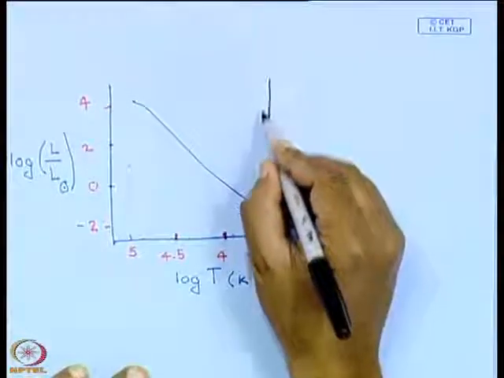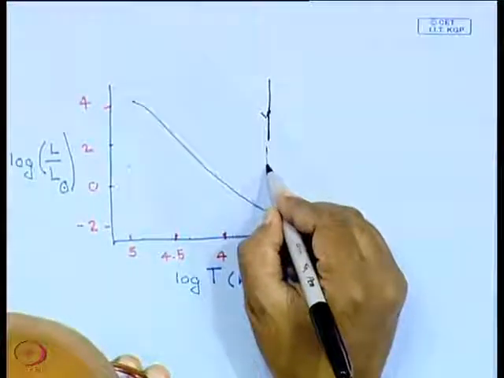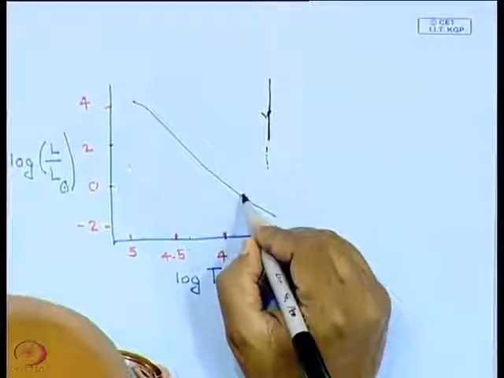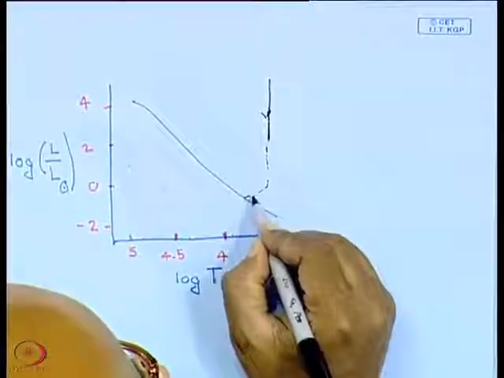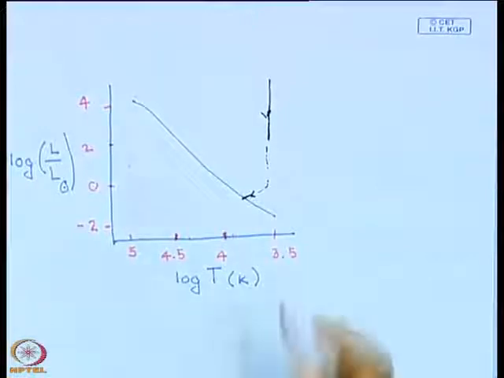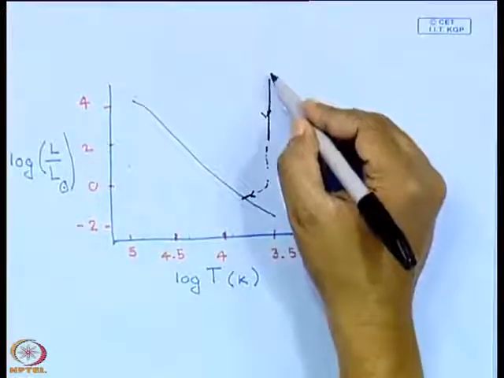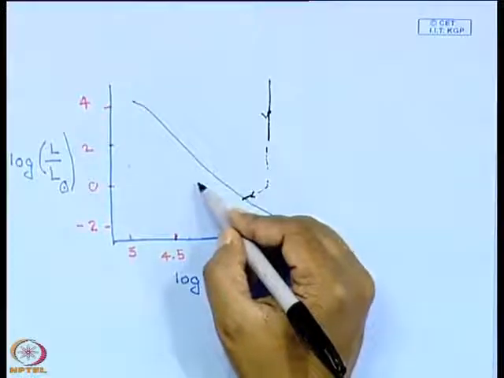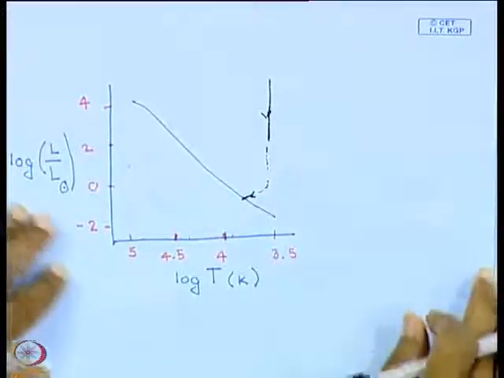Depending on the mass of this cloud, it will go down like this, and then it will turn left and assume the appropriate position on the HR diagram. Okay. That is the stable equilibrium position. So, these are the Hayashi tracks. There will be different tracks for different masses. This part will be roughly the same, but it will reach a different part on the HR diagram and settle there.